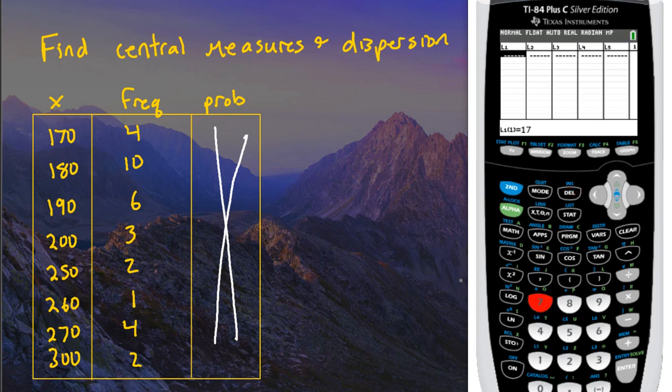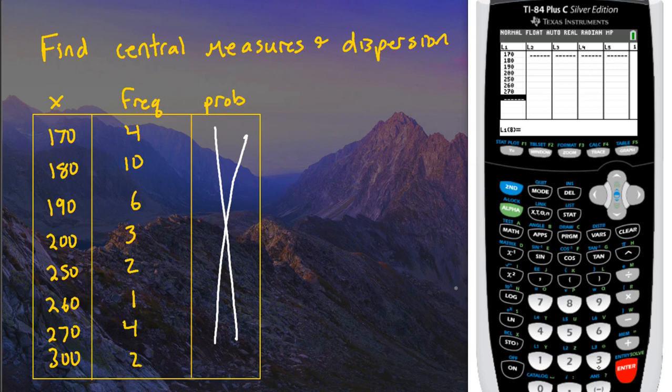So 170, 180. Now notice, I am actually going to need to use list 2 this time because I actually have a frequency for these. You probably can't see me hitting the enter or the 0.